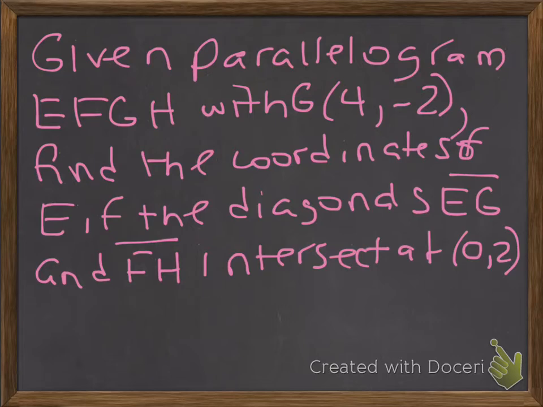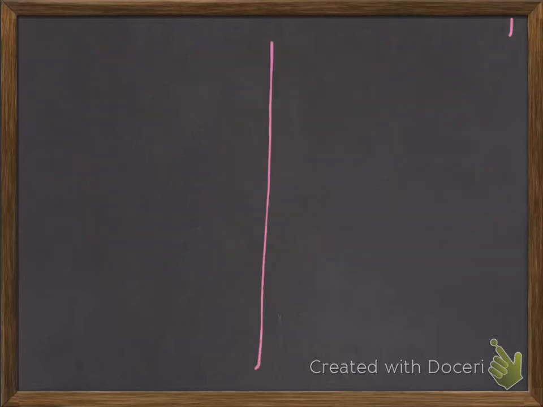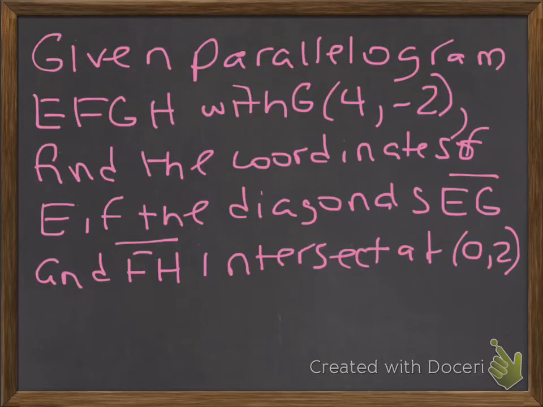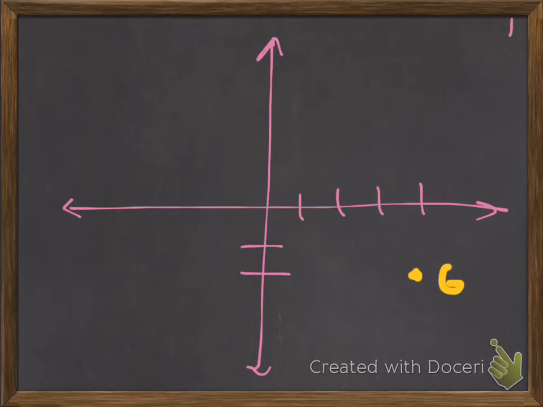The next one gives us a parallelogram with G at 4, negative 2. So we're going to graph this. Probably best to do this on graph paper. So we have 4, negative 2 as our point G. And then we're given the coordinates of the diagonals' intersection, and we need to find the coordinates of E. So if the diagonals EG and FH intersect at 0, 2, that's going to be up here.